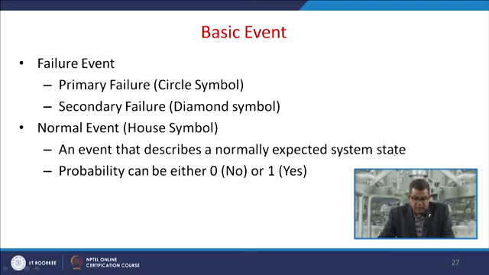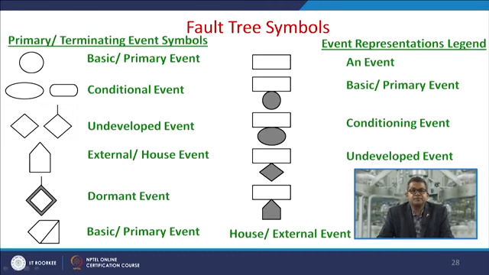The secondary failure is represented by the diamond symbol. The next is the normal event, usually denoted by the house symbol. This is an event that describes a normally expected system state. Now, the probability can be either 0, that is no, or 1, that is yes.